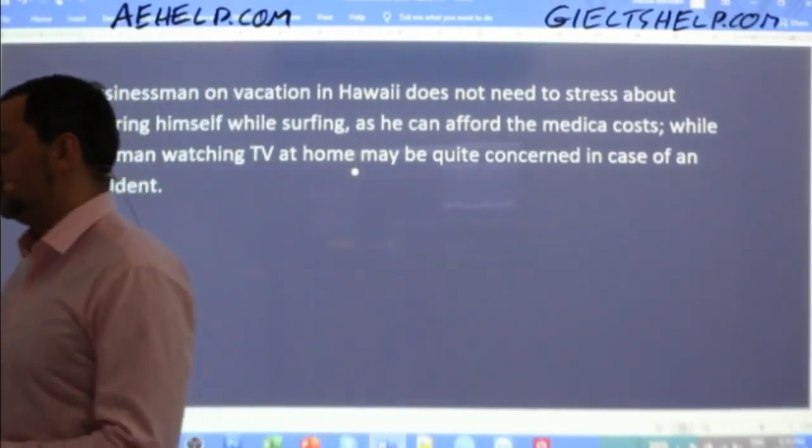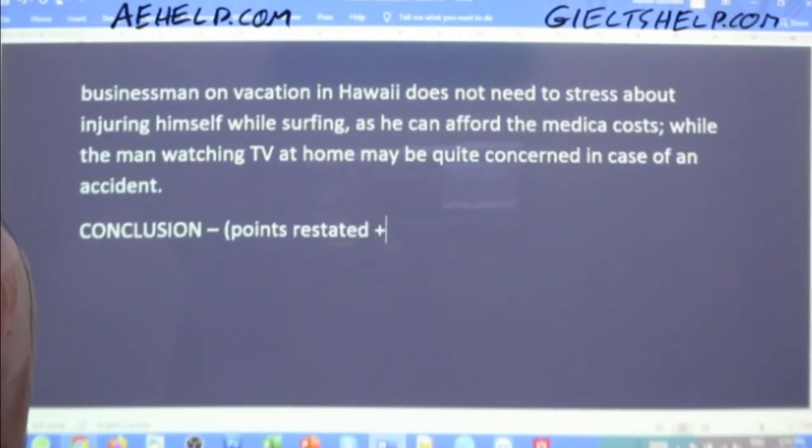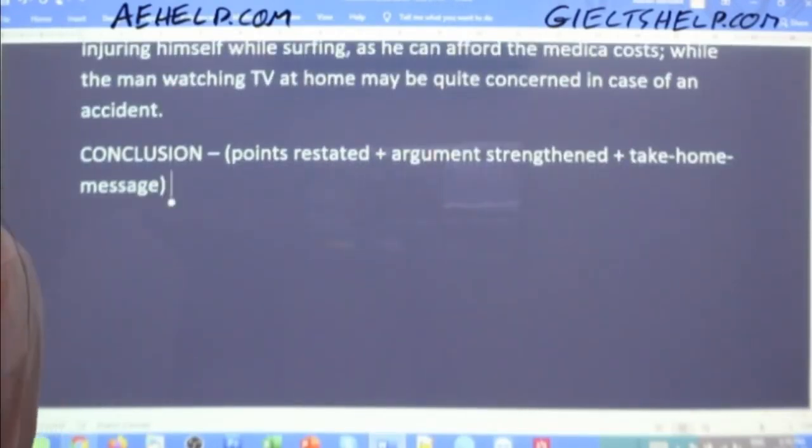Now I come to my conclusion. And the conclusion has the points restated plus argument strengthened plus take-home message. Okay. So points restated, working hard. Okay, let's take this one step at a time.